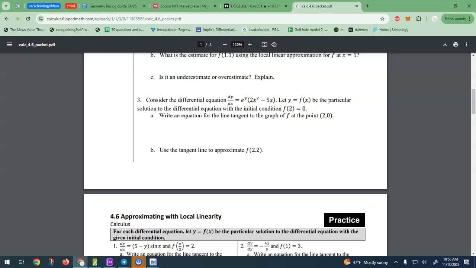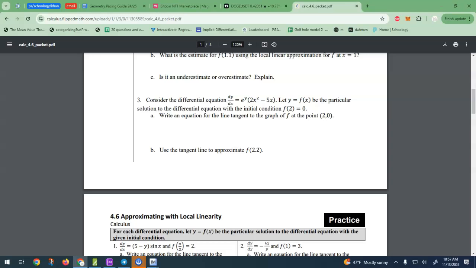Good there? Now what do I plug in? 2.2. Plus 0, right? So 2.2 minus 2 is 0.2 times negative 2 would be negative 0.4. Questions? I think this is not too bad.